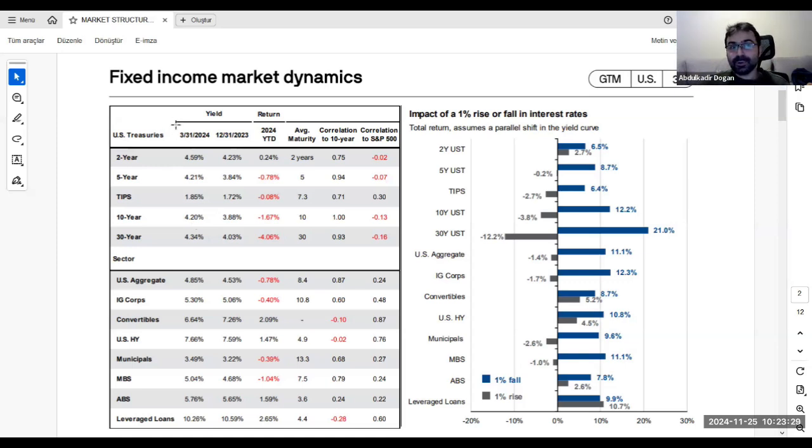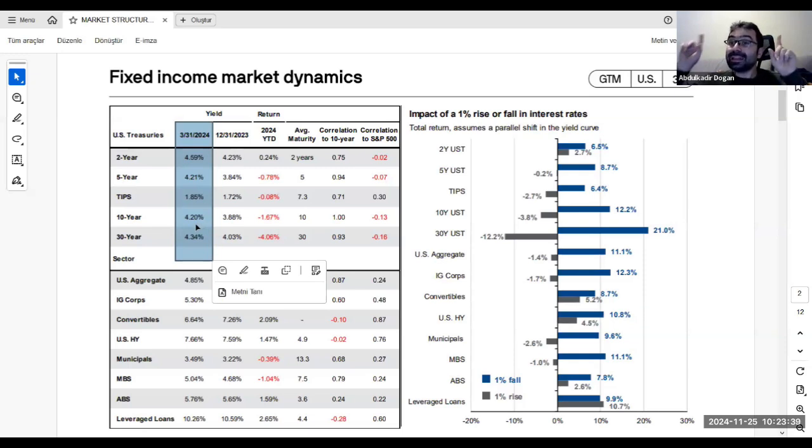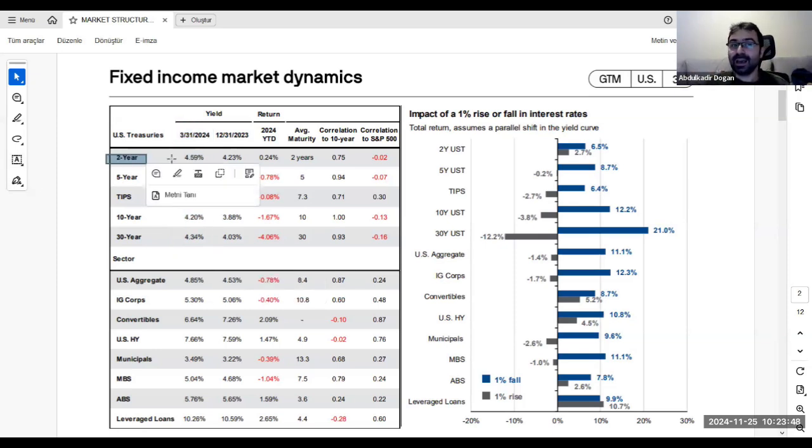So if you look at this table here, it is 4.60%, and the 5-year treasury yield is this, and the 10-year is 4.20, meaning that the investor is expecting higher inflation in the short term. In the 2-year treasury, as you see, I'm expecting higher inflation, so I want higher return.